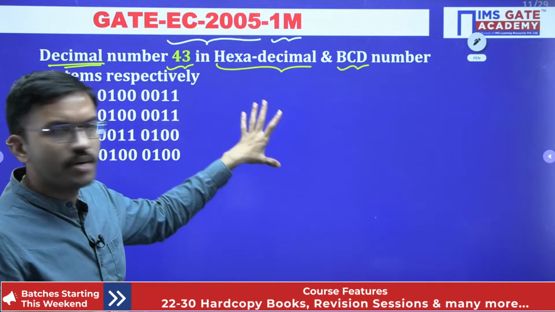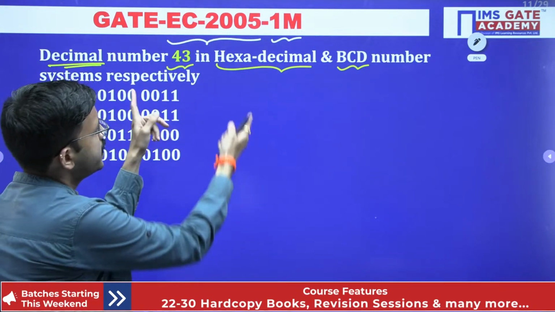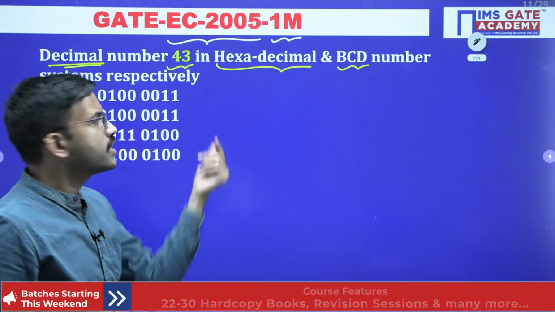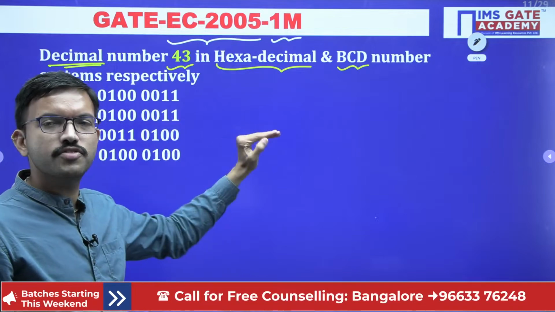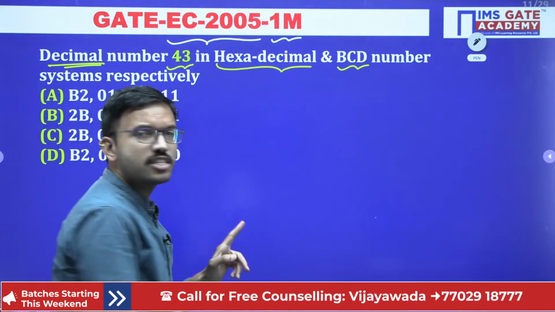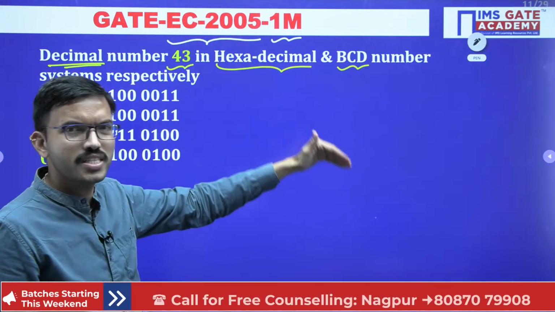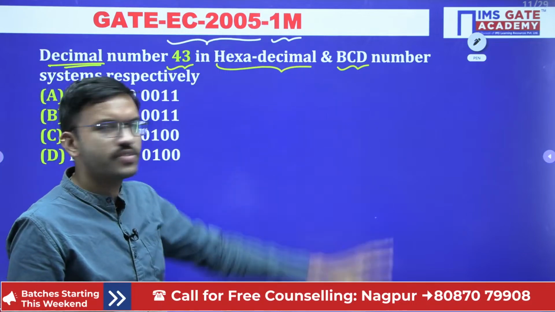So here, if you observe, this question is based on 2 concepts. One concept is number system conversion, decimal number to hexadecimal. This we already covered in one of the earlier classes, right? And in this particular session we are focusing on BCD, binary codes. In that, the first code that we have discussed is BCD.